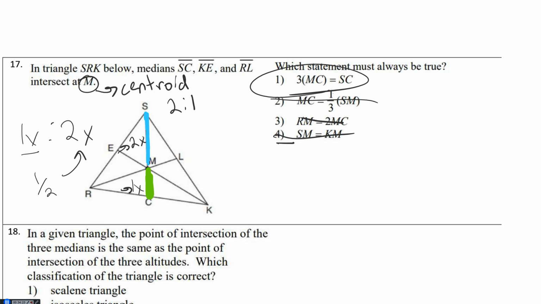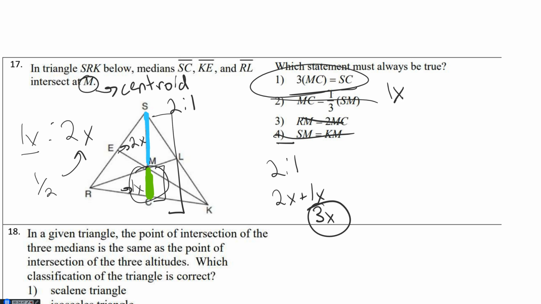But if we think about this, 3 times MC is equal to the whole median. If you break a median into a ratio of 2-to-1, that means you've really broken it up into 3 pieces altogether, and MC is just one of those pieces. So if you multiply one piece times 3, you'll get the length of that whole median, which is just 3 times however big each of the pieces are.